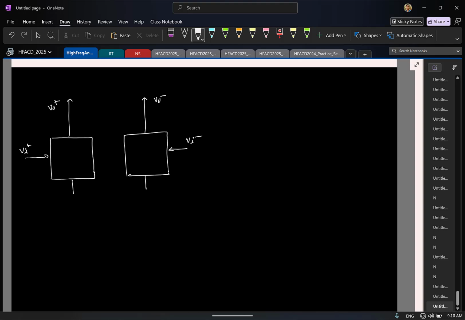Now I have some network which is common to both the circuits, right? I'll call this the common part of the circuit. This includes some part of your common mode feedback, the tail current source you have, etc. Fine. At a very generic level, I can model it this way.